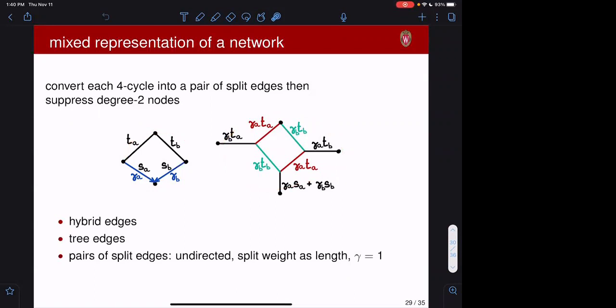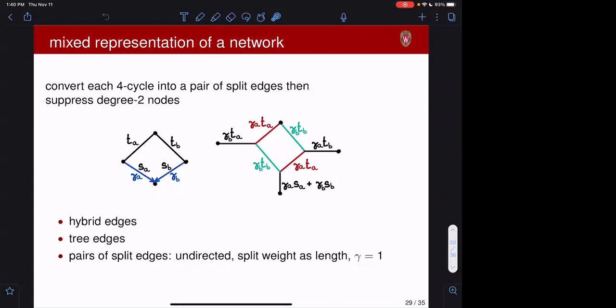So in our mixed representation, we're going to get a network where some parts have the standard hybrid edges, standard tree edges. And then other parts will have 2 pairs of split edges. In a way, they look like tree edges because their gammas are 1, they are undirected, but split edges are not the same.